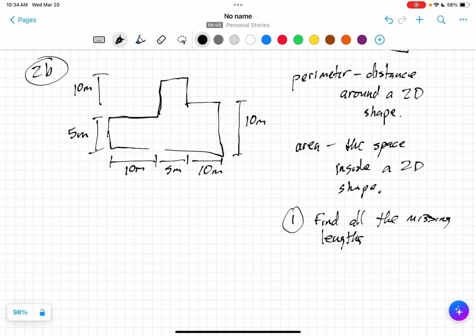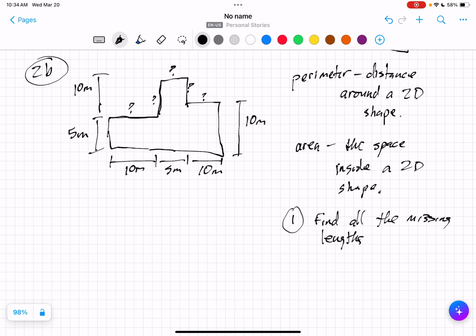Okay. Well, here's what we have to remember is that opposite sides of squares and rectangles will be equal. So recognize we are missing this length here, this one over here, up here, to the left of this shape, the bottom of it, and everything else is given.